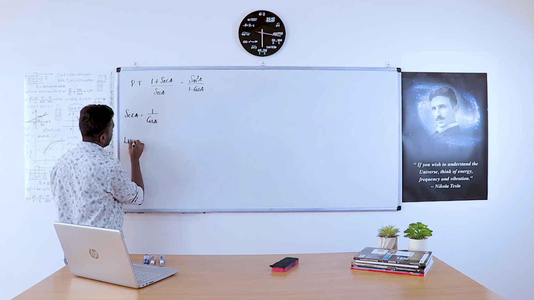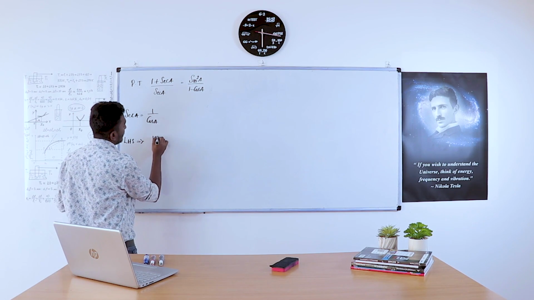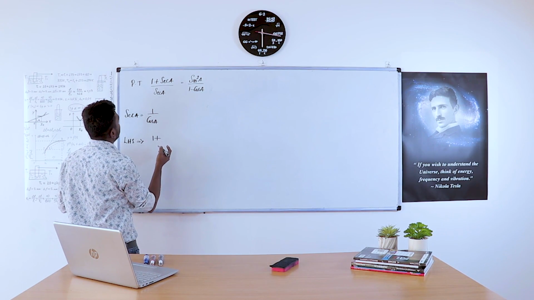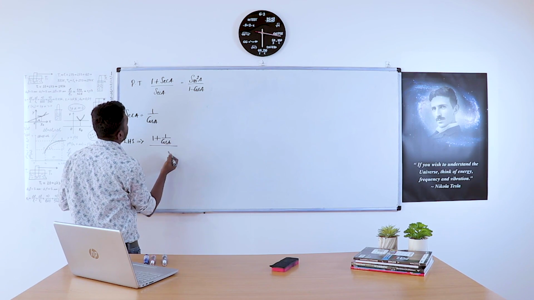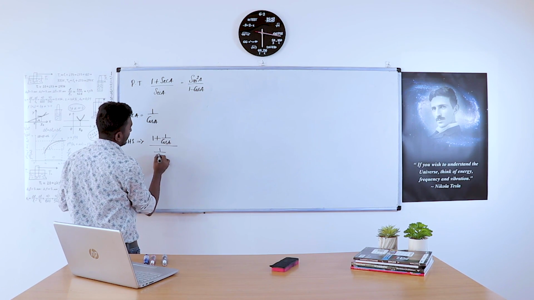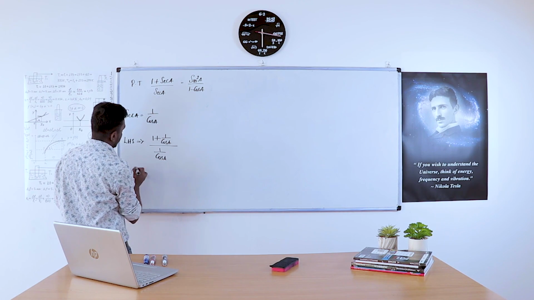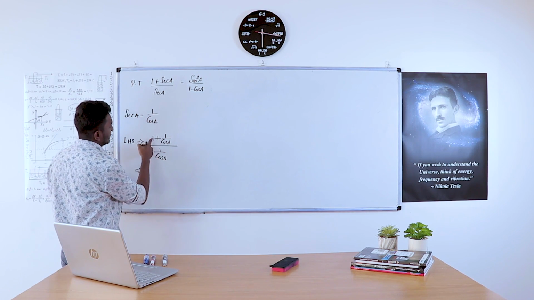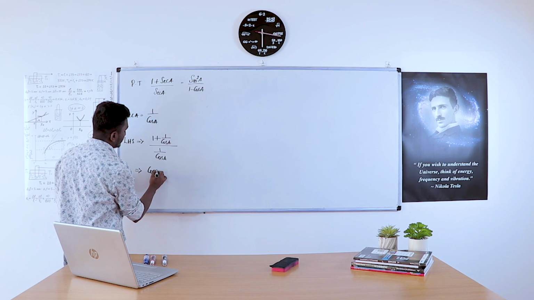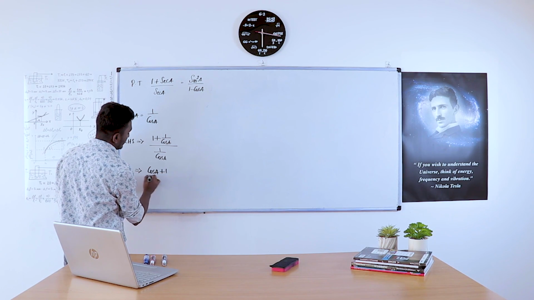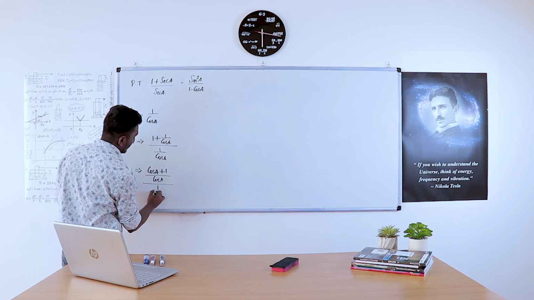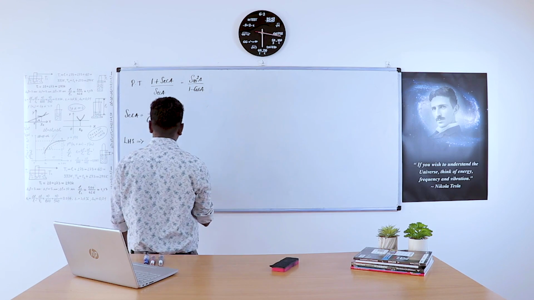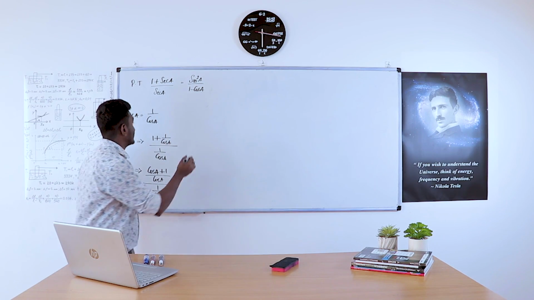Now taking LHS. What is LHS? 1 plus, in place of sec I can write 1 by cos A, whole divided by sec, which is again 1 by cos A. That is equal to, cross multiply, cos A into 1, cos A plus 1 whole divided by cos A, again divided by 1 by cos A. A fraction divided by another fraction we can multiply by taking the reciprocal.